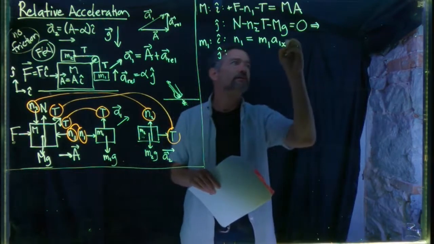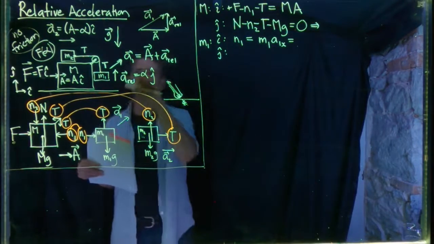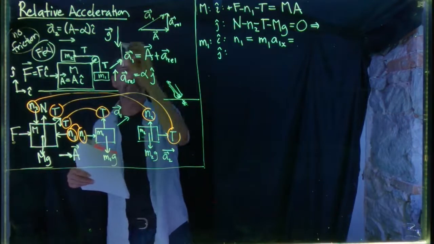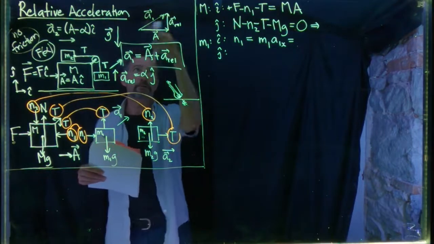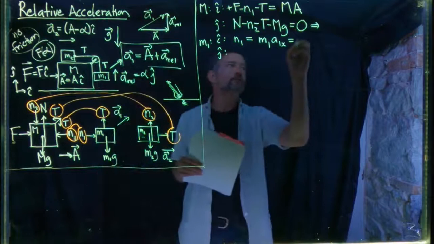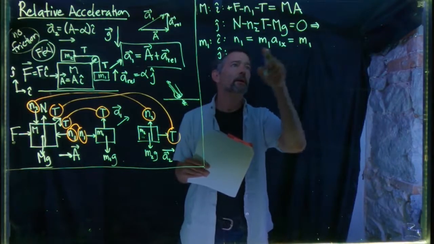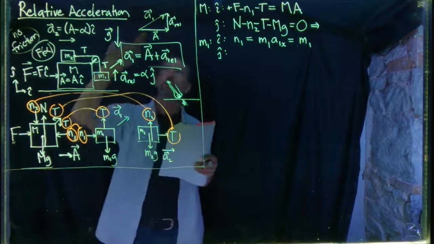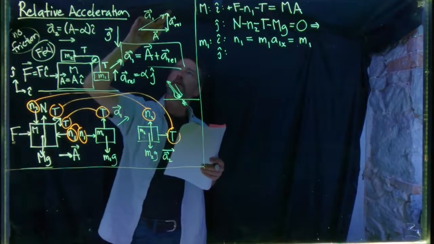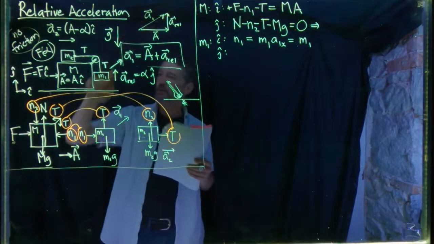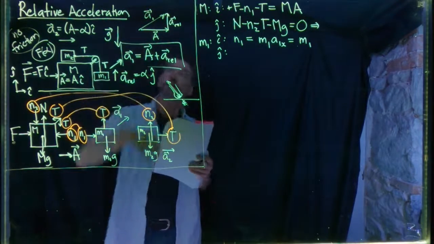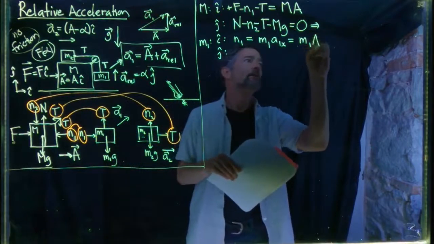Okay, so this is actually a crucial one here. Here's where we take this picture here. So it's equal to M1 times the horizontal component of A1. Well, the horizontal component of the acceleration A1 is just equal to capital A. So that's M1 times A.